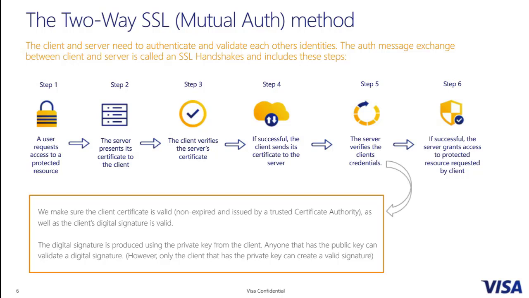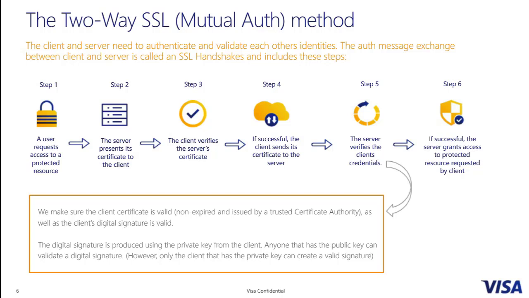So once we validate the client's credentials against the certificate authority, and that the signature and the certificate are valid, the server will then grant access to the protected resource. So at the beginning, say we wanted access to the foreign exchange API.